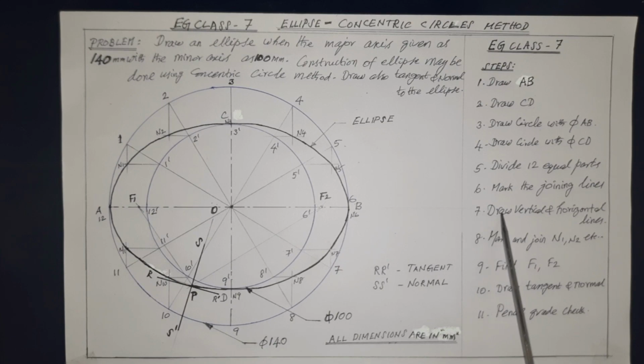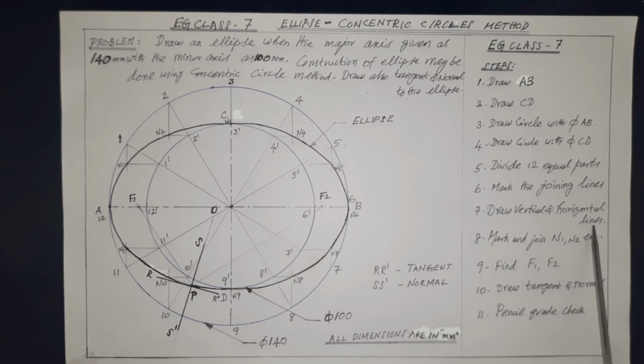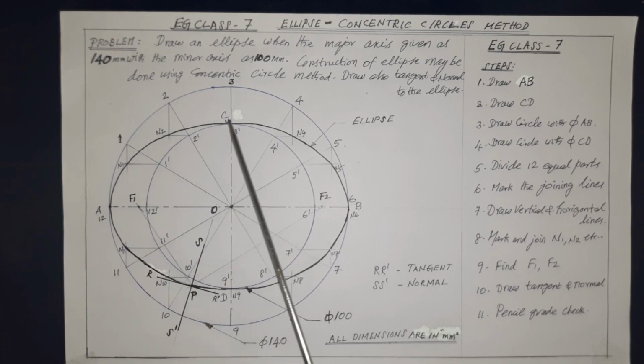Next step is 7. As per this, draw vertical and horizontal lines. That is, as per step number 7, the aim is to get the ellipse path.